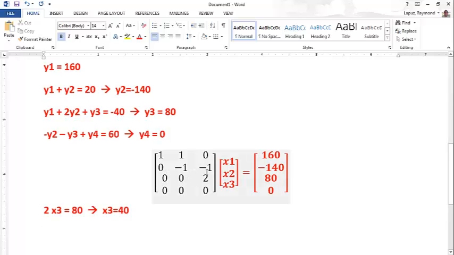And so we just continue on with this back substitution. We have a negative 0 times x1. We have minus x2. And then another minus x3. And this, according to this formula, is supposed to equal negative 140. And since we know that x3 is equal to 40, we can add that to both sides, and then we should get x2 to be positive 100.